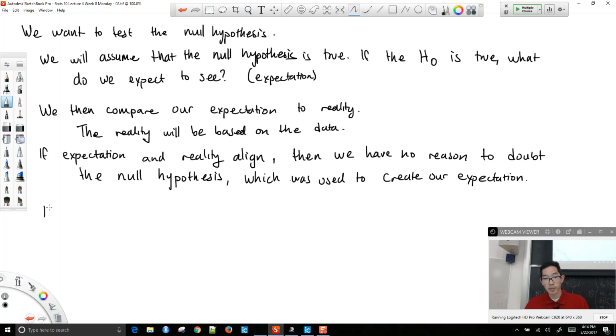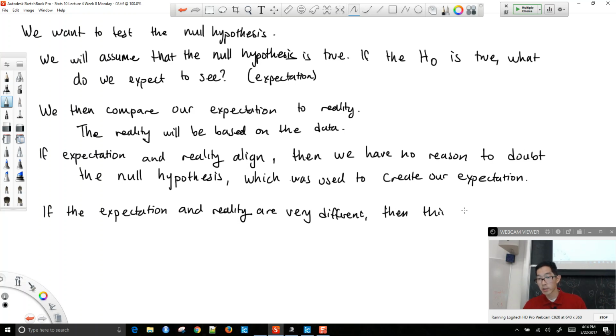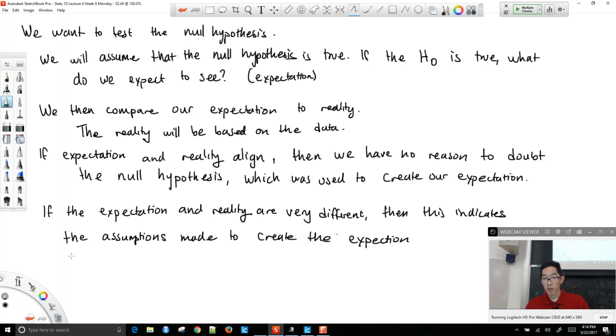And on the other hand, if the expectation and reality are very different, okay, then this indicates that the assumptions that were made to create the expectation, that is, that the null hypothesis is true, that assumption is wrong.